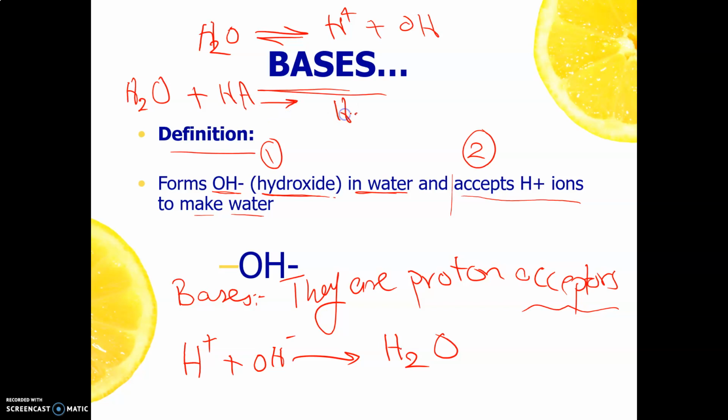And this gives H3O, which is the hydronium, plus A minus. So in this case, the water accepted the proton, so it's a base, right? So this is the water reacting as a base because here it's a proton acceptor.